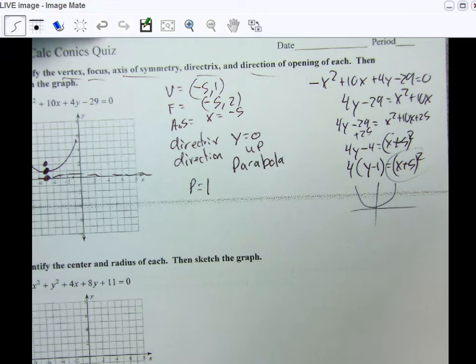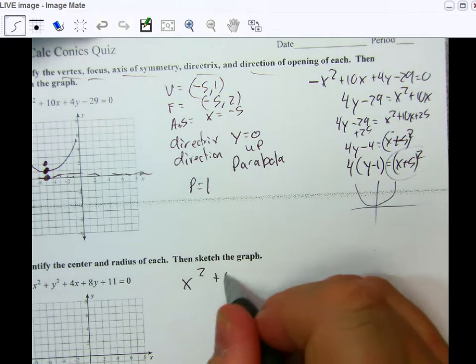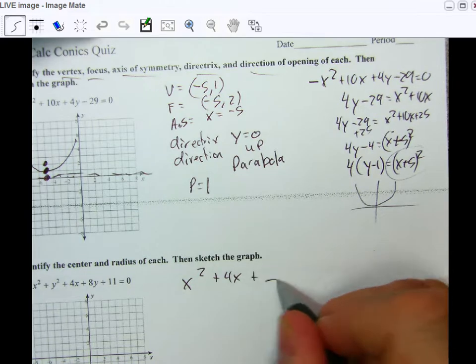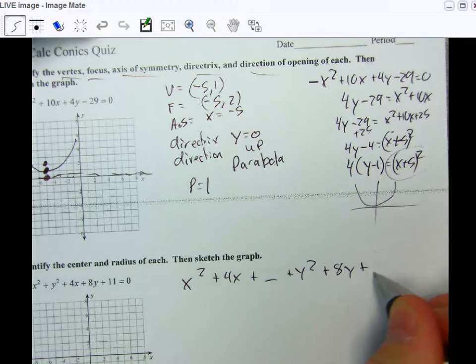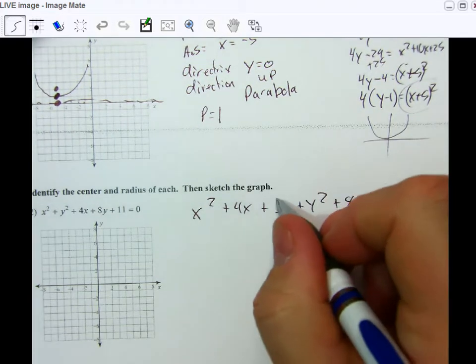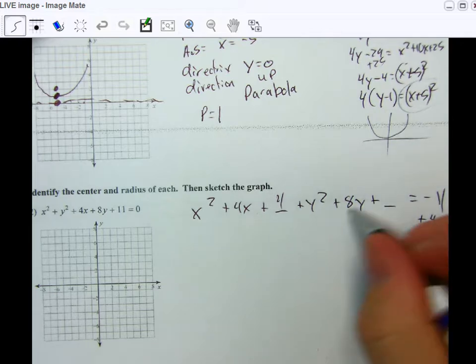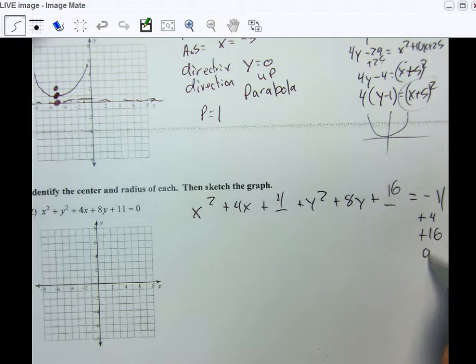Okay. Now down here, we need x squared plus 4x plus blank y squared plus 8y plus blank equals -11. So that's obviously going to be 4 plus 4. That's going to be 16 plus 16. So that gives me 9.